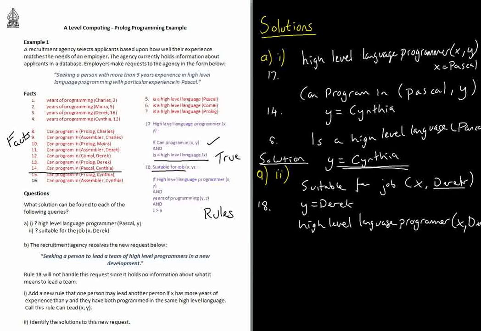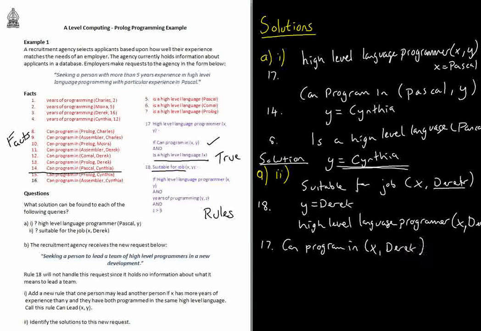That wasn't written very well. But what are the values for X that it's going to find? High-level language programmer means I've got to go to clause number 17, Rule 17. And Rule 17 says, can program in X, comma Y. Well, that's X, comma Derek. Let's spell Derek a bit better this time. So what can Derek program in?